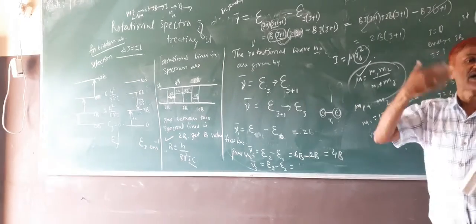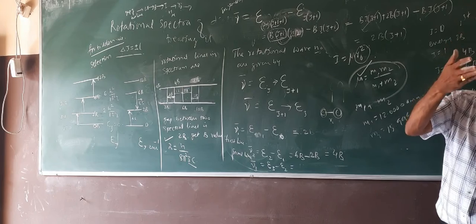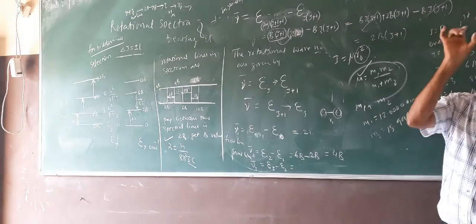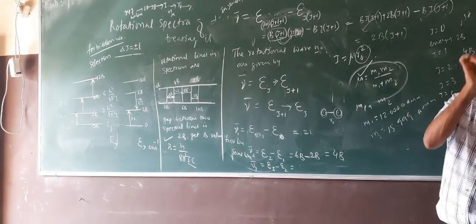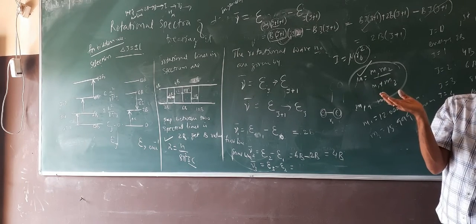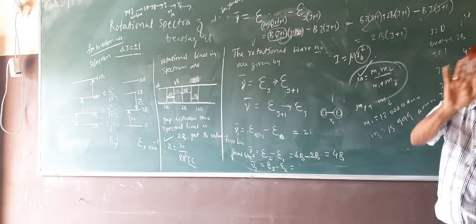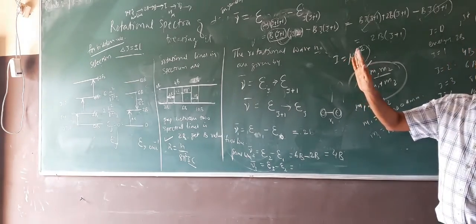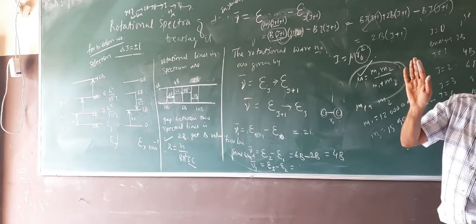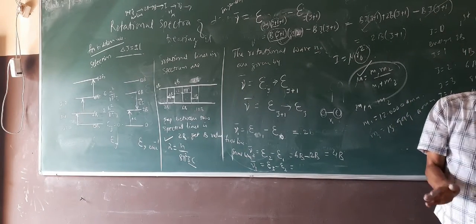Intensity means more occurrence. If that transition is occurring in a greater number, it will be more intense. More intense means brighter in color. In black body radiation, it gives continuous spectra, but depending upon the temperature, there is a shift in the wavelength.